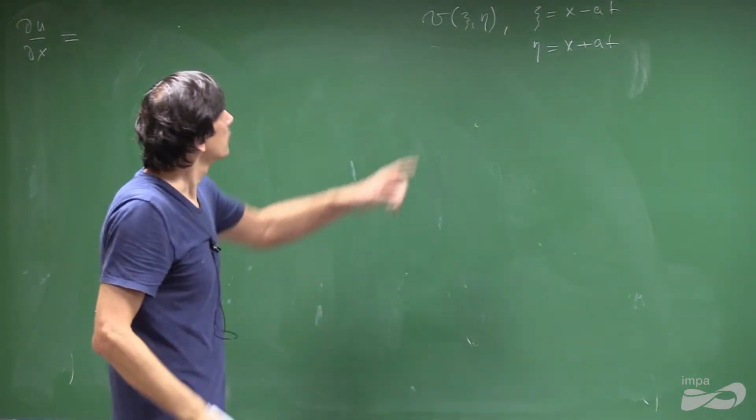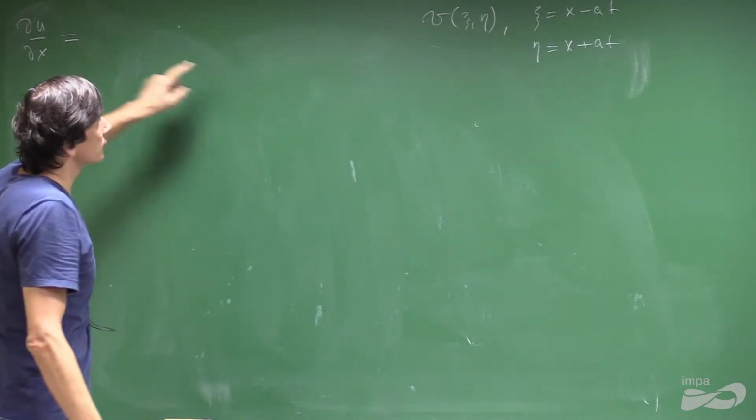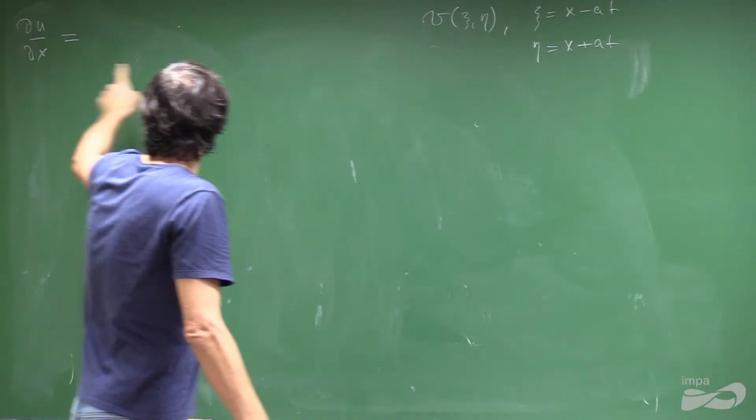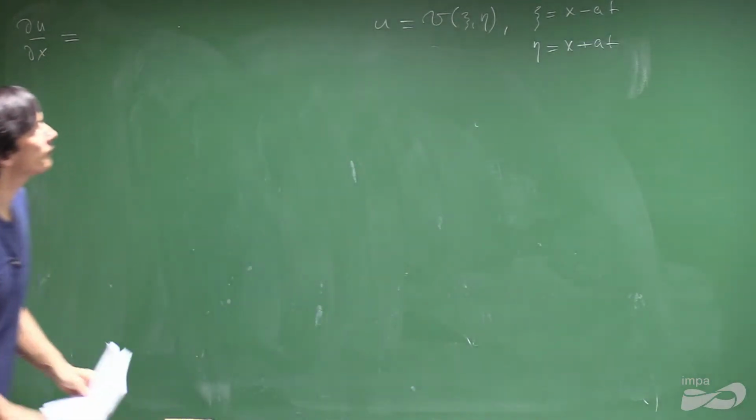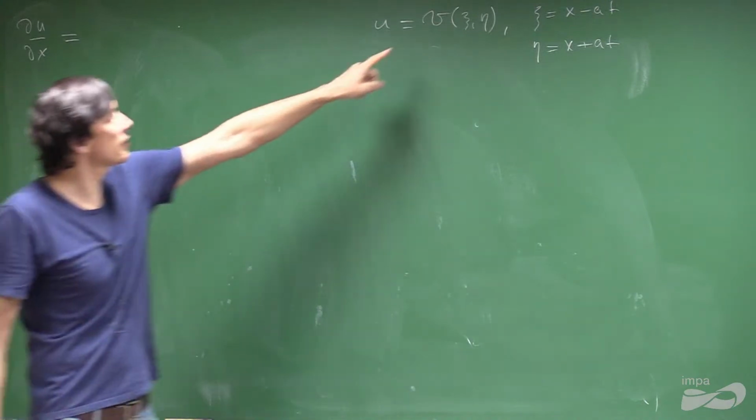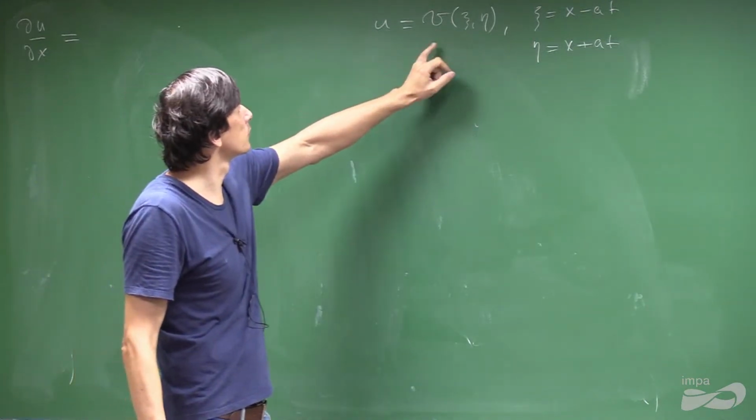So we can differentiate u with respect to x, using v and the chain rule.